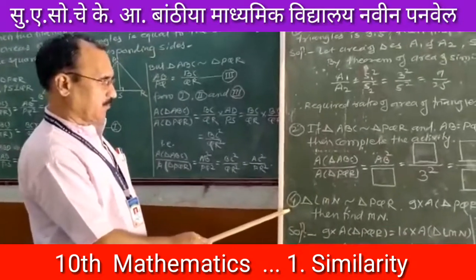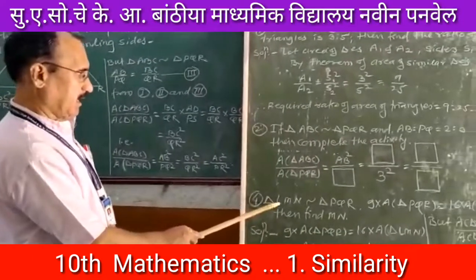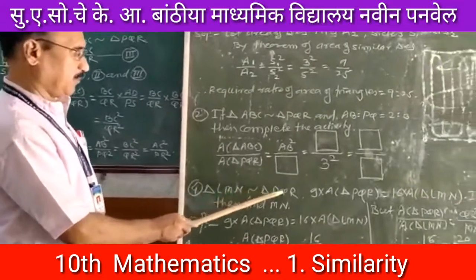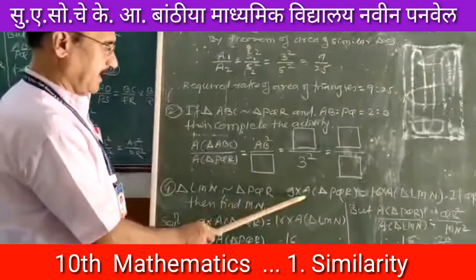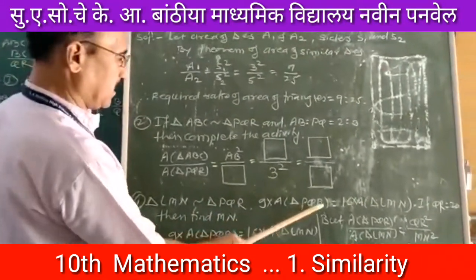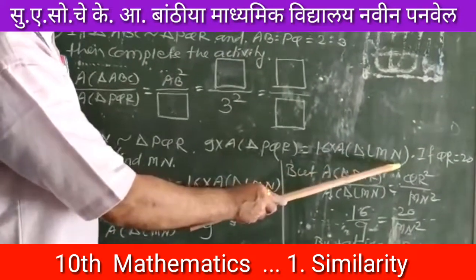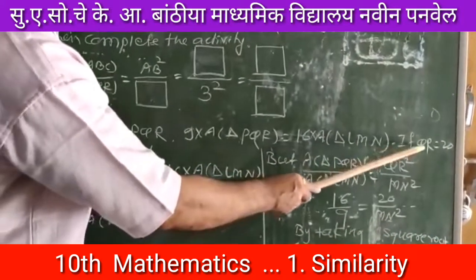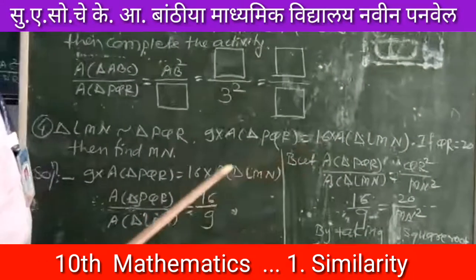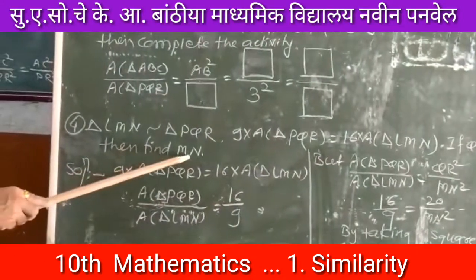Now the fourth example from our textbook. Triangle LMN is similar to triangle PQR. 9 into area of triangle PQR is equal to 16 into area of triangle LMN. If QR is equal to 20, then find MN.